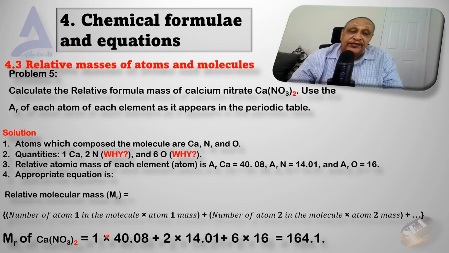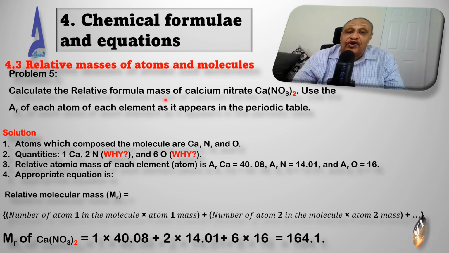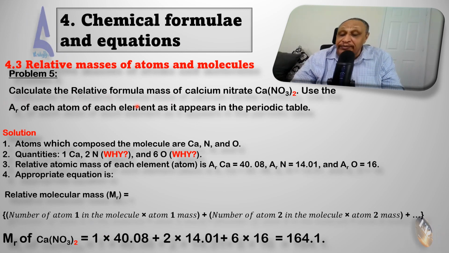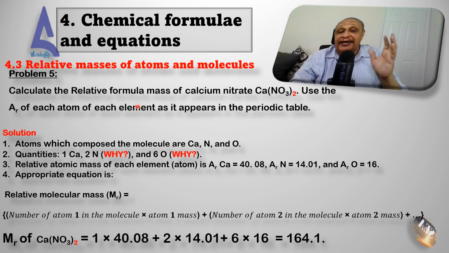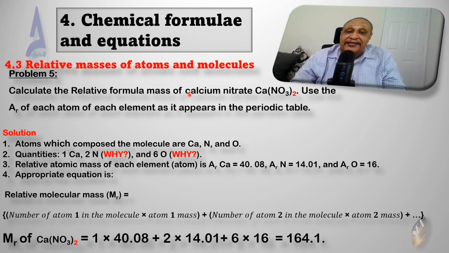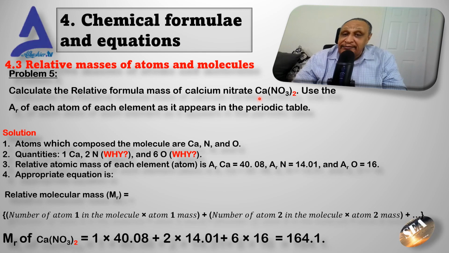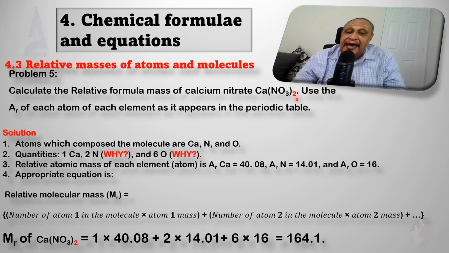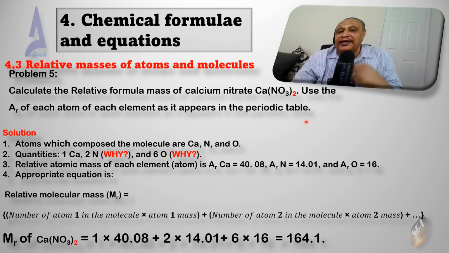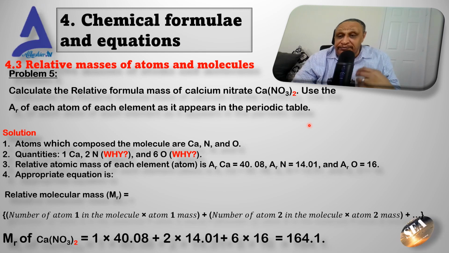The problem says calculate the relative formula mass, and whenever you have formula, keep in mind that the compound is an ionic compound. Calculate the mass of calcium nitrate, Ca(NO3)2, and there is the red 2 here. This is very, very important. Be careful and see how we can get rid of this hazard.